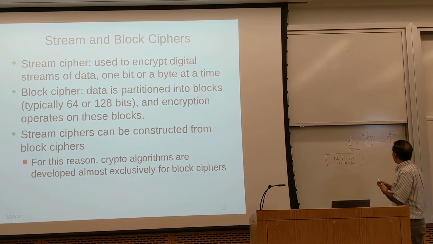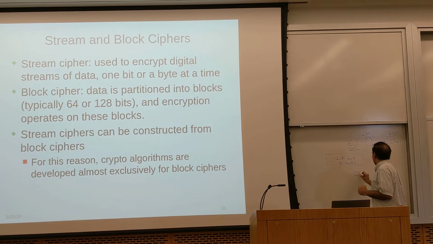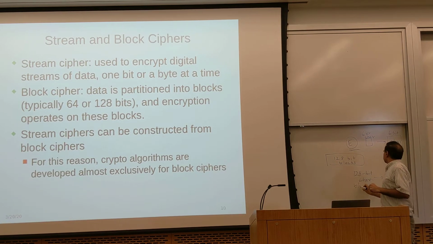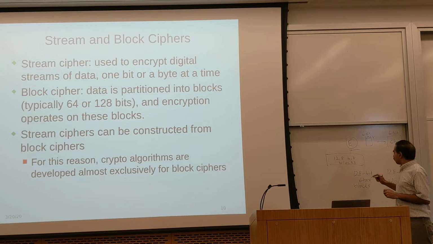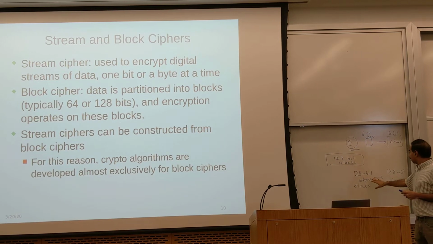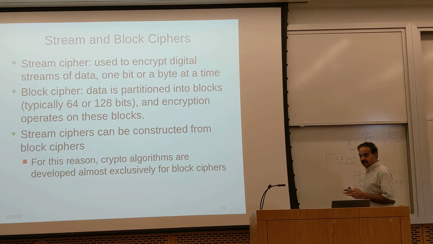Whereas if I look at mapping functions that are mapping 128-bit blocks to 128-bit blocks, then that becomes a very, very large space as compared to this, and as a result, any kind of analysis on this space becomes computationally infeasible.